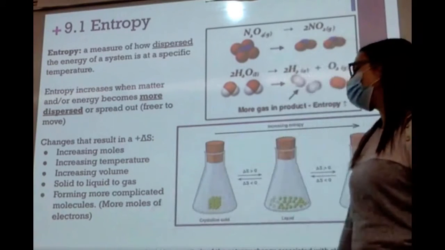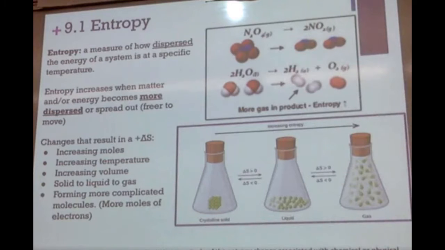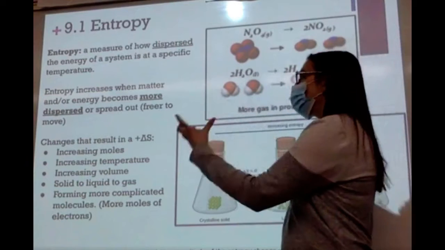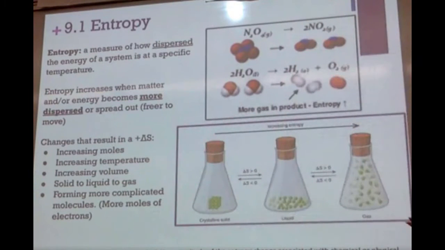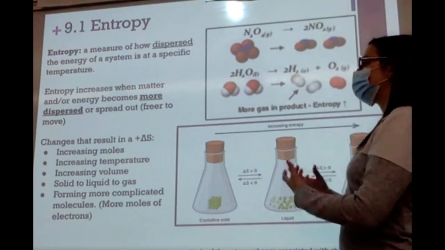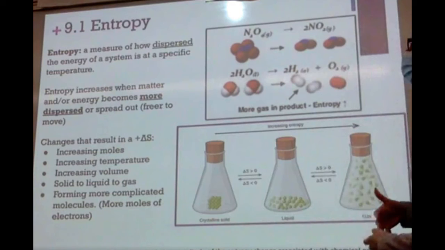And then if we form more complicated molecules. So if we have 1 mole of solid to 1 mole of solid, but we realize that the product is a more complicated molecule, that's increasing entropy. Now, if it helps for you to remember disorder, that's fine.